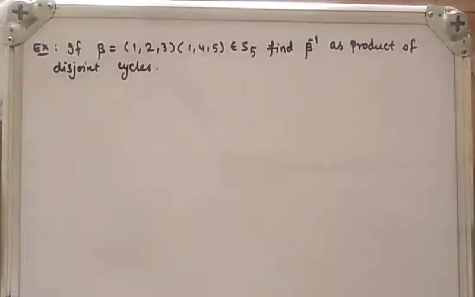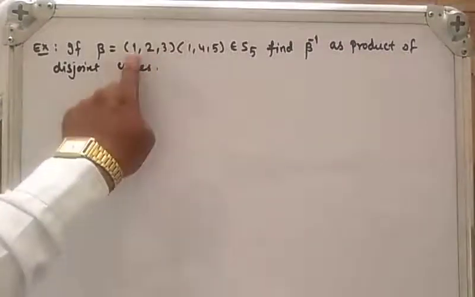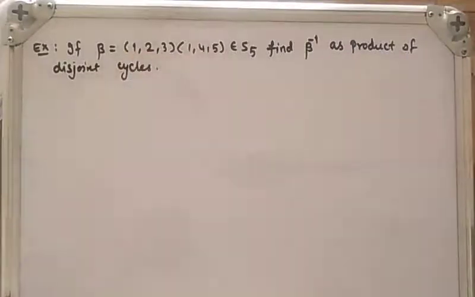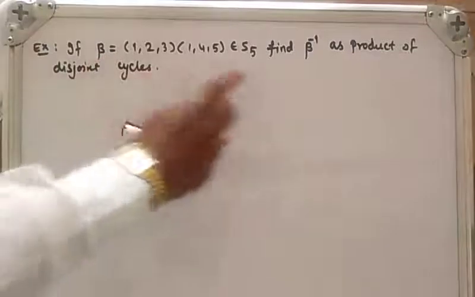So here, what is beta? Beta is the product of two cycles which is not disjoint, because one element is common between these two cycles, so it is not a disjoint cycle. Now let us find beta, which is a permutation, and then find beta inverse.